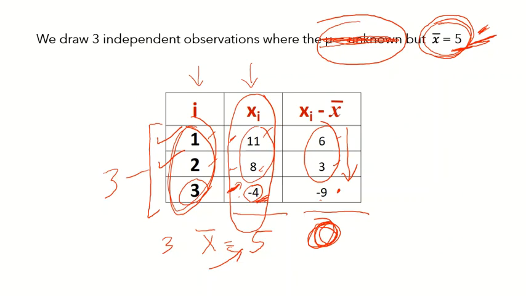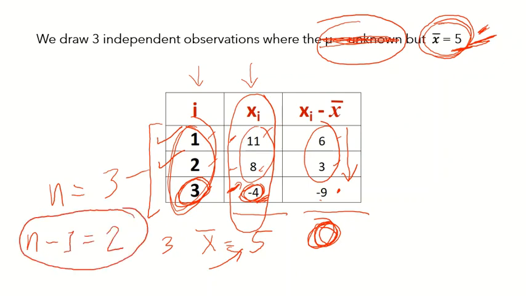The last one, in this case -4, is predictable. Therefore, if n is your 3, the number of values that are free to vary is n minus 1, or 2, and that's your degree of freedom.